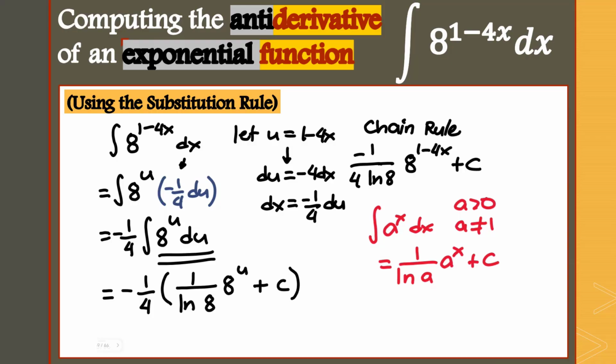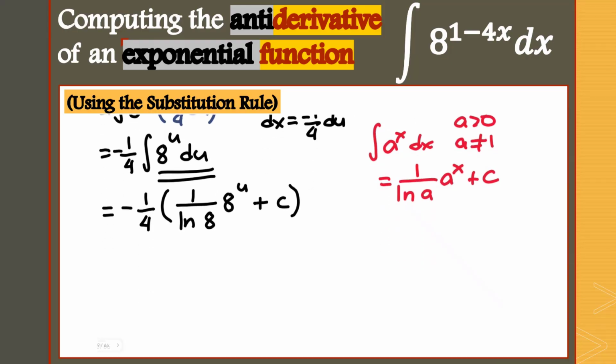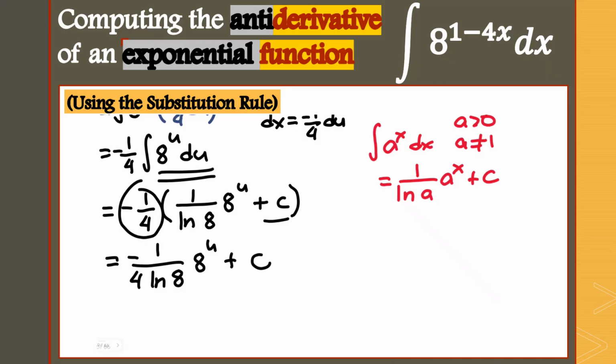So we can now multiply -1/4 with the expression. You have -1/4 times the natural logarithm of 8 times 8 to the power of u plus c, where c is just the general form of our arbitrary constant.